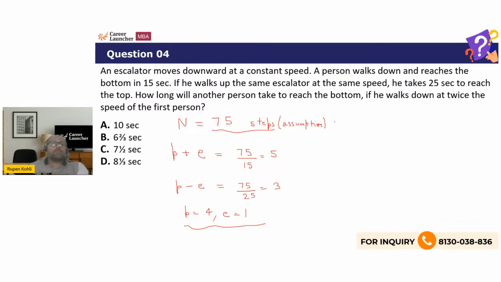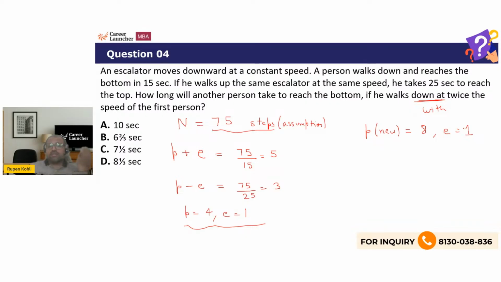How long will another person take if he walks down? Walking down means again moving with the escalator, at twice the speed of the first person. Speed of the first person was 4. So this person's new speed is twice 4, 8 steps per second. The escalator's speed is obviously unchanged if nothing is mentioned.